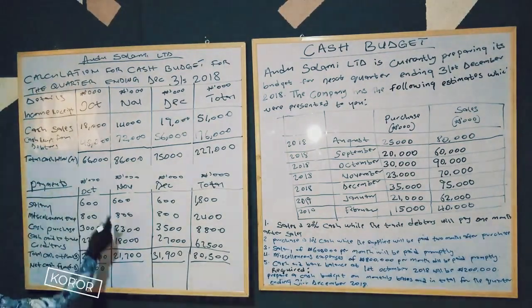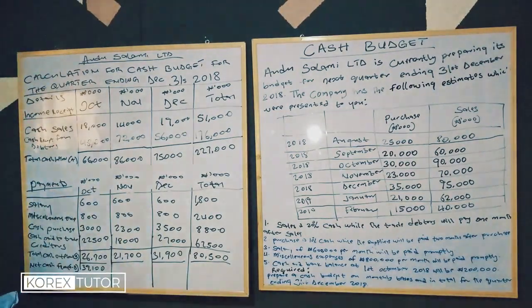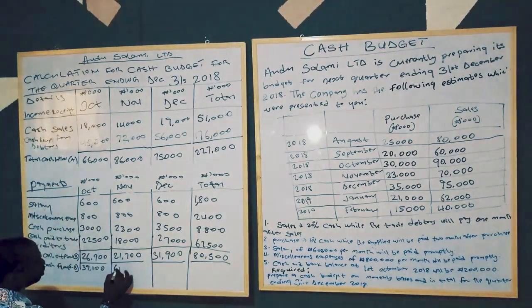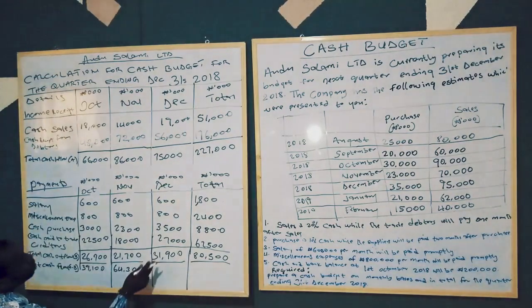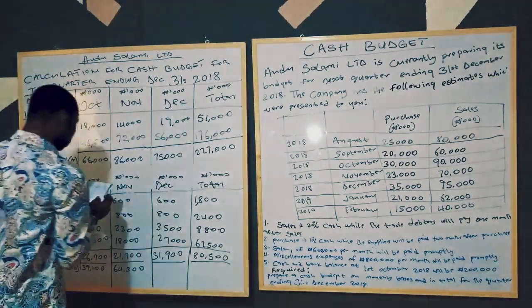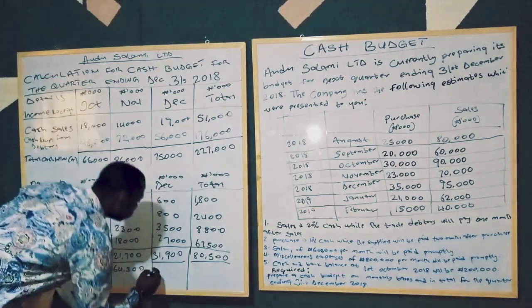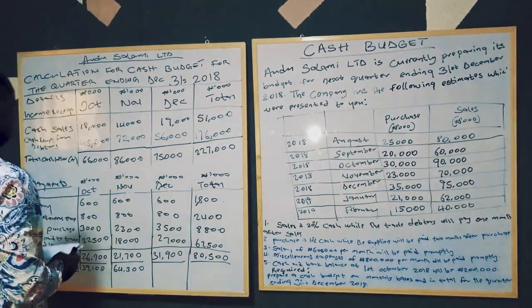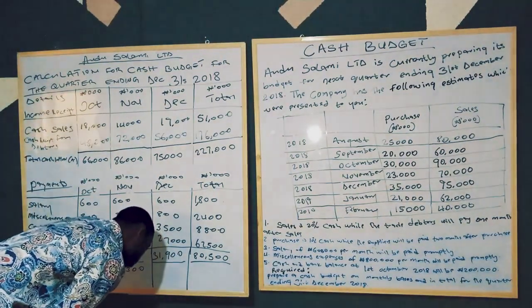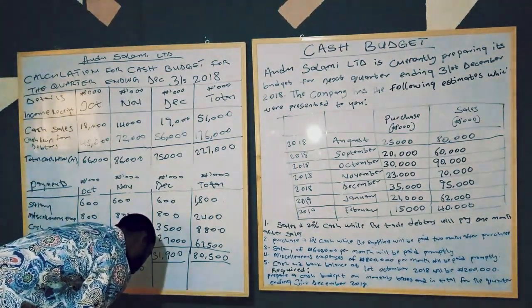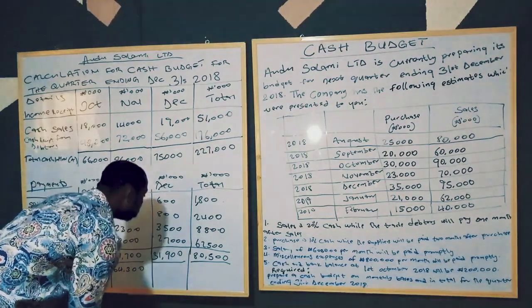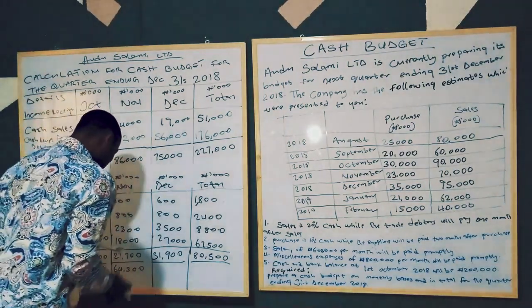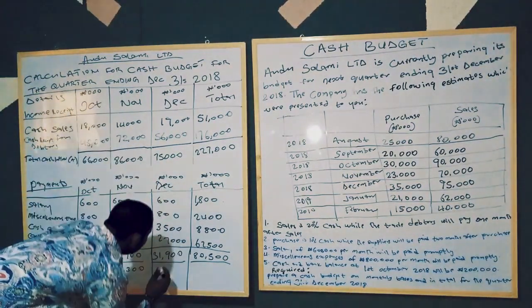This one minus this one will give us 64,300. This one minus this one will give us 45,100. No, this one, 75 minus 31, should be 43,100.